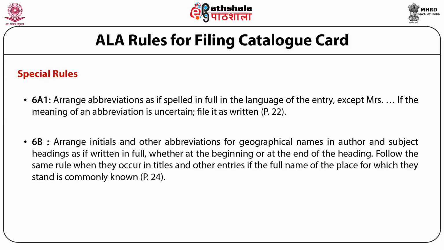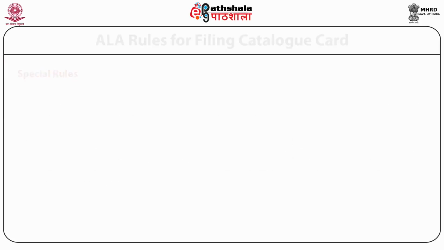Arrange initials and other abbreviations for geographical names in author and subject headings as if written in full, whether at the beginning or at the end of the heading. Follow the same rule when they occur in titles and other entries if the full name of the place for which they stand is commonly known. This rule is given on page number 24.